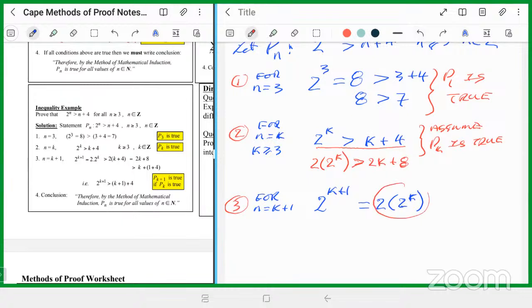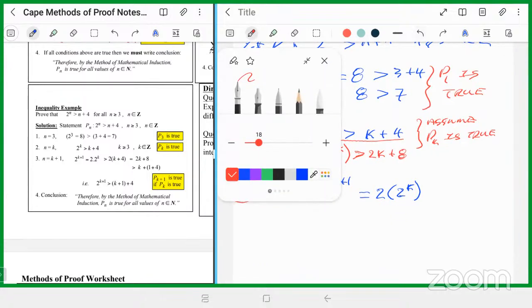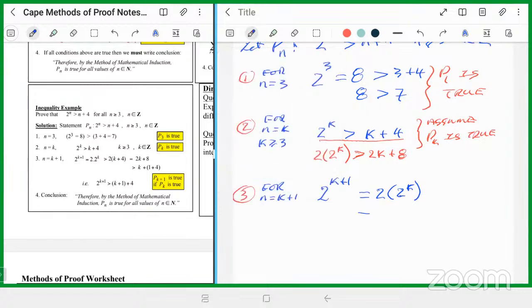This thing right here, because it is here, it is greater than 2k plus 8. So this thing that I now have, I can put it that it is greater than 2k plus 8. Now, here again, we have to know what we're working towards.